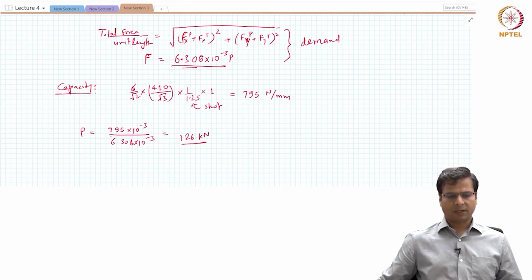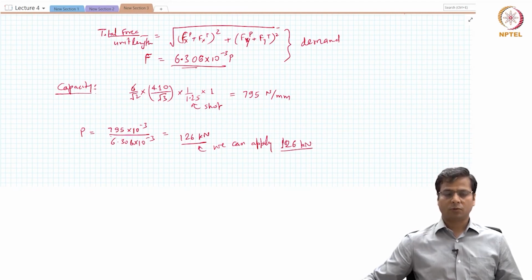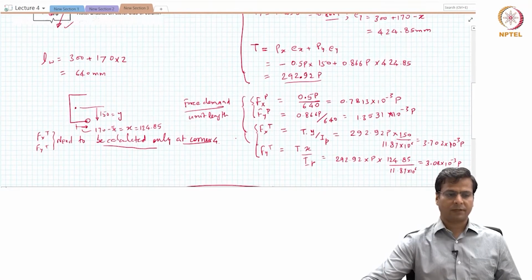Okay. So basically what it means is that we can apply 126 kilonewton external load at that orientation to resist this load safely.